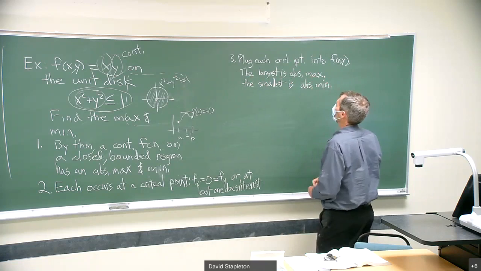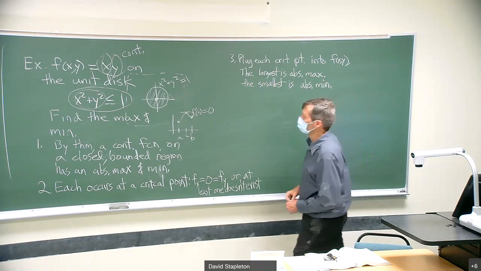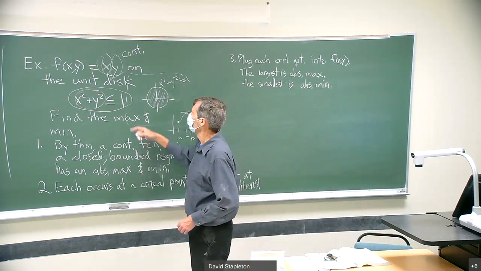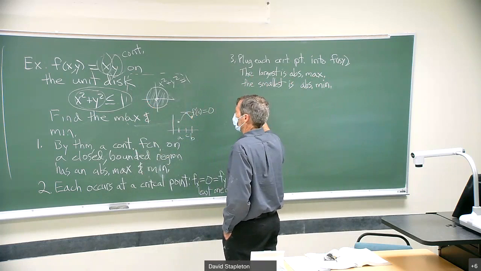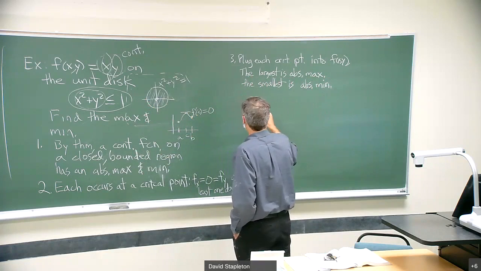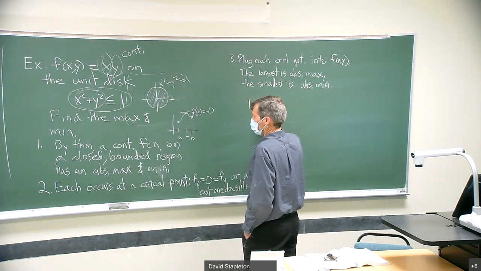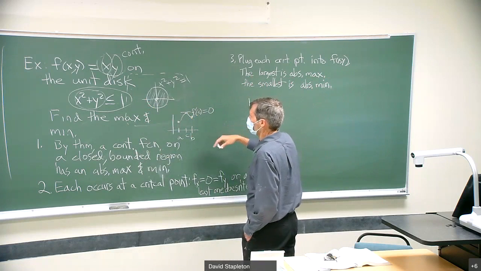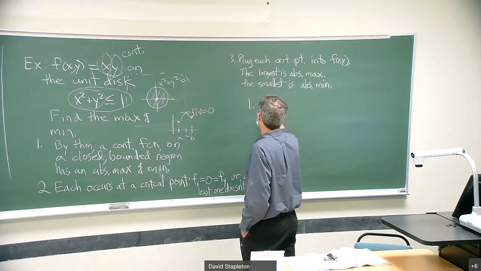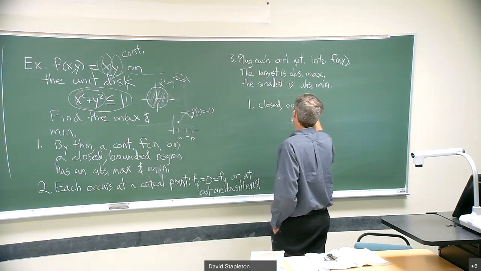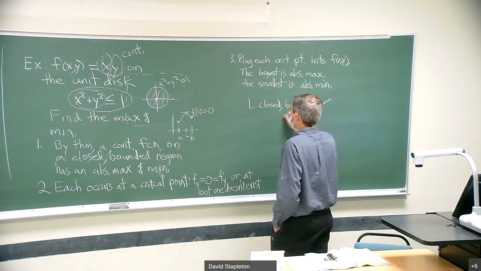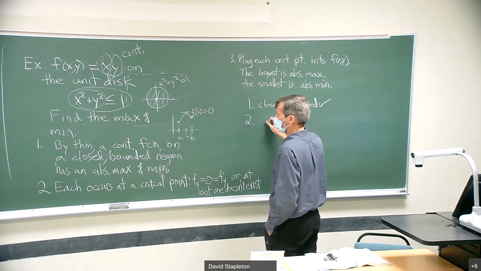So that's how it'll work. And we can apply it to this one. There's their theorems. So we do one, we said it's a closed bounded region. Then step two, we'll set both partial derivatives to zero.